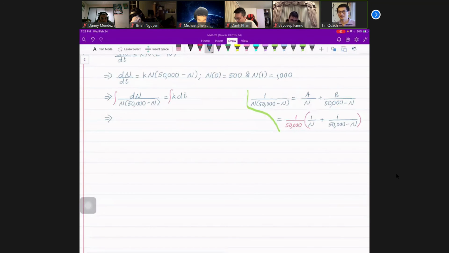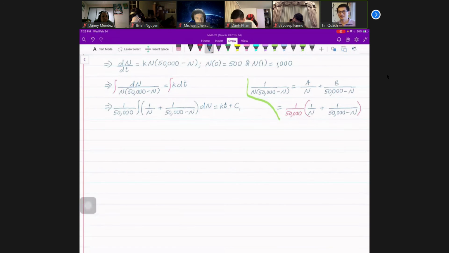So this is 1 over 50,000 times the integral of 1 over N plus 1 over 50,000 minus N with respect to N. And then on the right hand side, you have the integral of K, which is KT plus C sub 1.